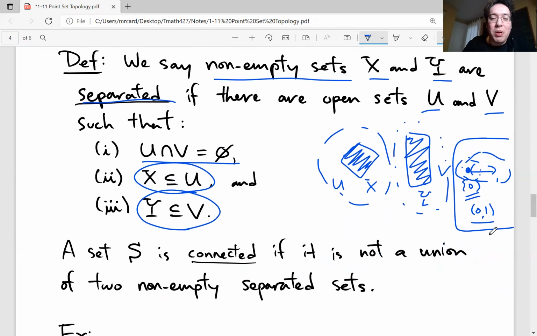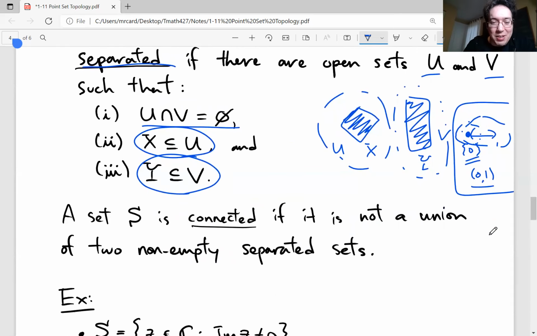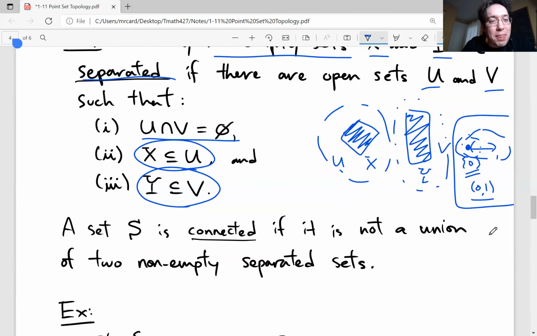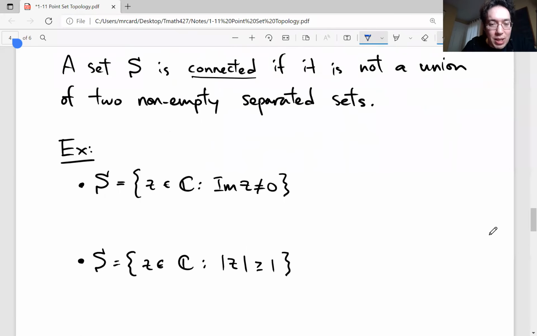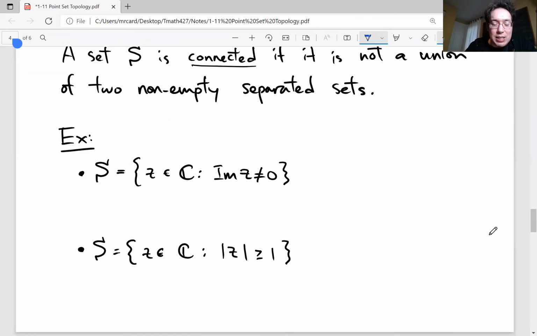Okay, so you have a connected set if you cannot separate them, right? So that's how we cannot have two parts that are separated. Okay, let's look at an example. So an example of a separated set could be the entire plane except for the imaginary part being 0.